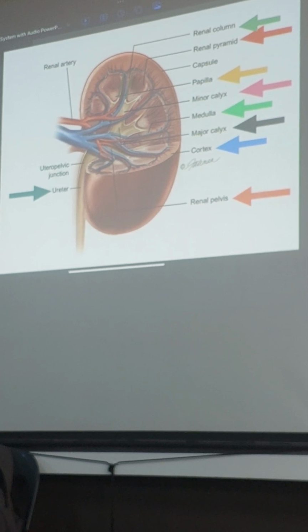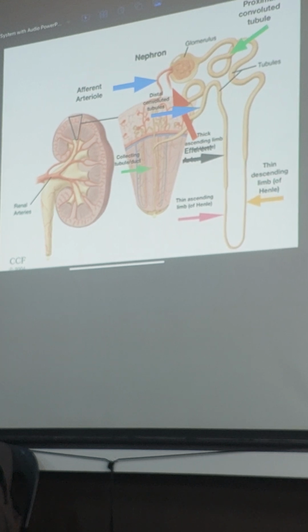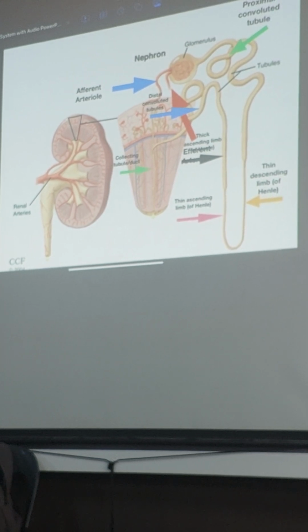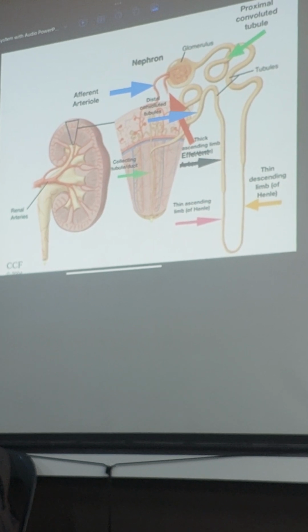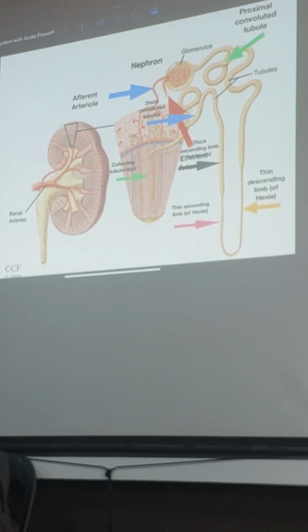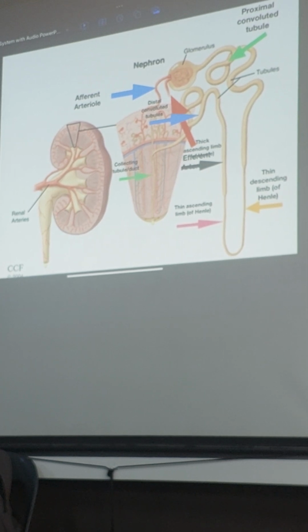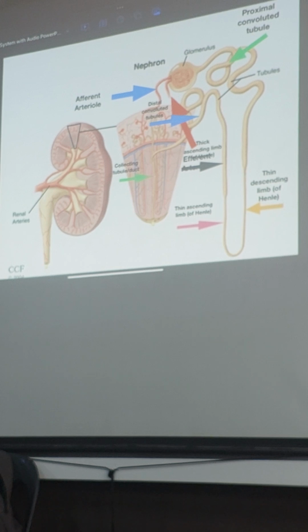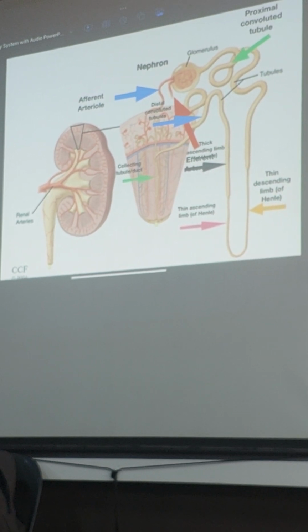So what's the basic functional unit of the kidney? It is the nephron. That is correct. Now the nephron consists of two parts, the renal corpuscle and the tubules. The renal corpuscle is composed of the glom and the Bowman's capsule. Together they make up the renal corpuscle.